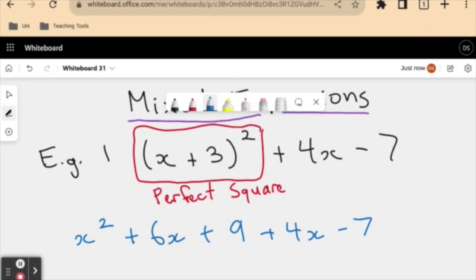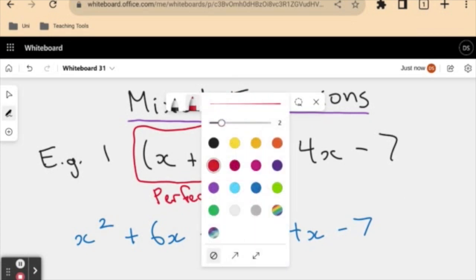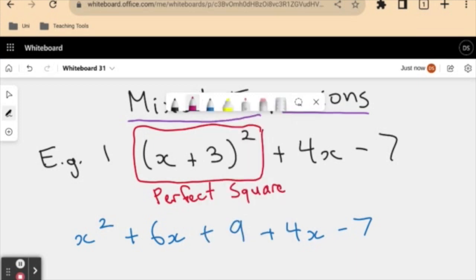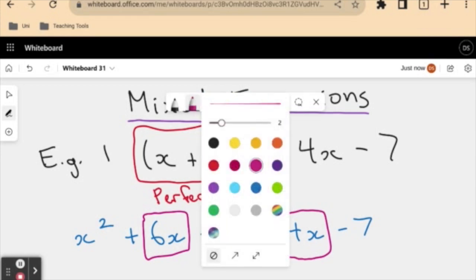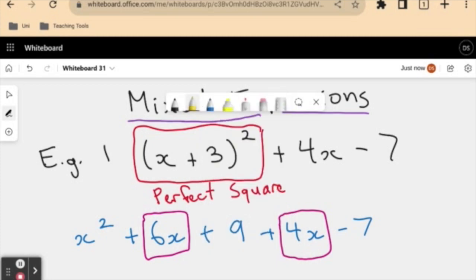Cool. So hold on a minute. Like we anticipated, we had some x with a coefficient here, which we can simplify with this one we have. As well as that, we also had a constant, a whole number, which we can simplify with the other number we were given at the end of our mixed expansion.